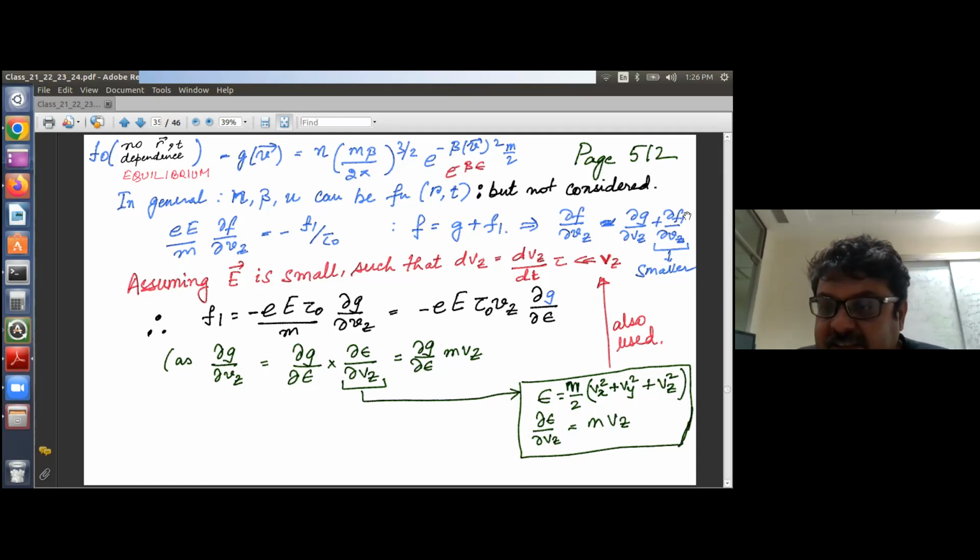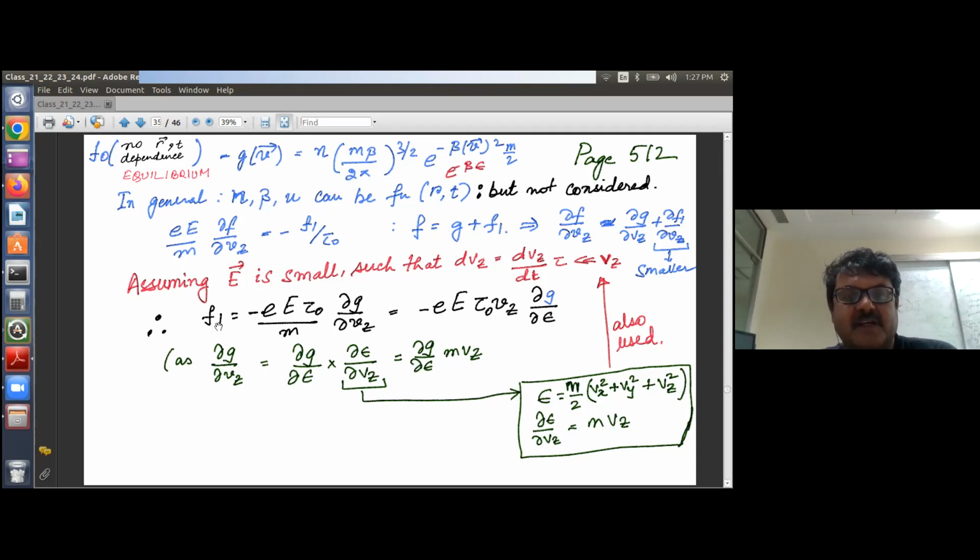Since f1 itself is a very small quantity, there would be an even smaller change due to the acceleration due to the electric field. So this is a small quantity, because f1 itself is small. How much will it change with Vz? Very little. Hence, when we are writing del f del Vz, we are approximating it as del g del Vz and ignoring this term.